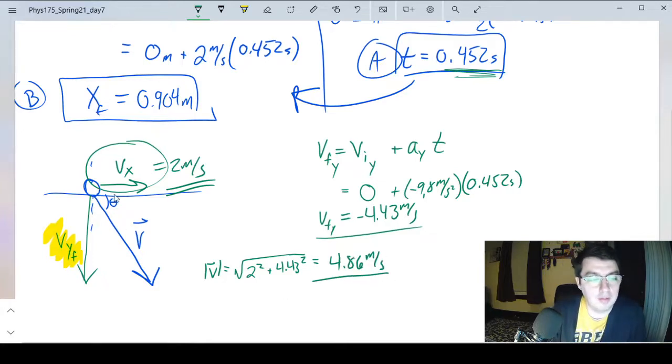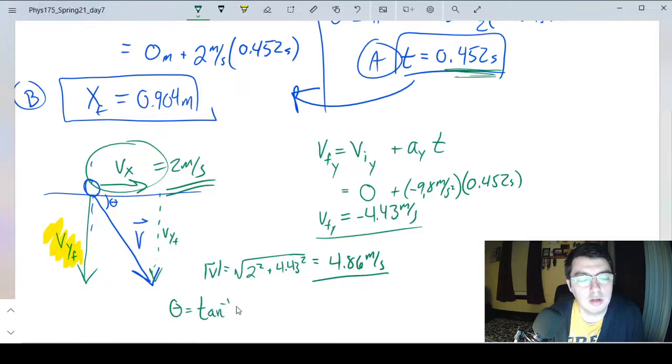And if I wanted to find this angle theta, remember here's Vy on this side, Vy final, or Vfy. I did it again. So I'm going to do an inverse tangent. I'm just doing some trig. Tangent minus 1 of Vy final over Vx. That's an inverse tangent of 4.43 over 2.